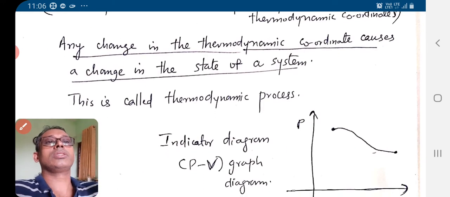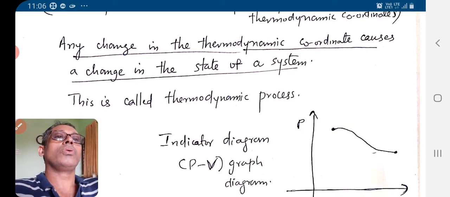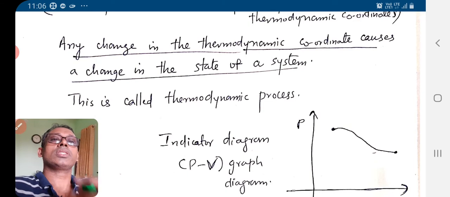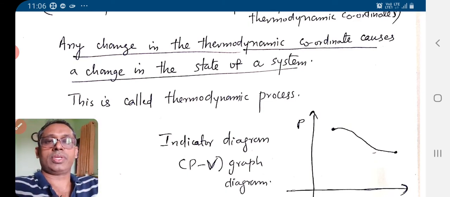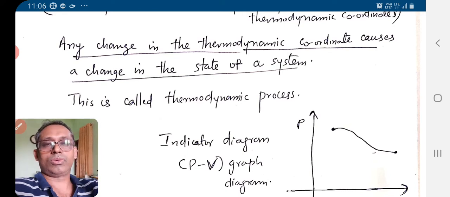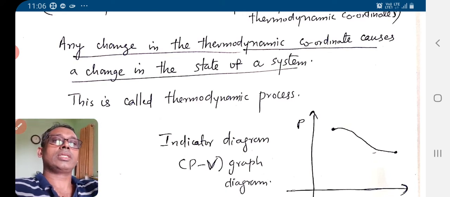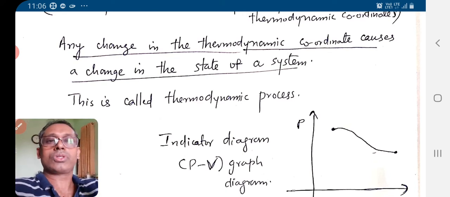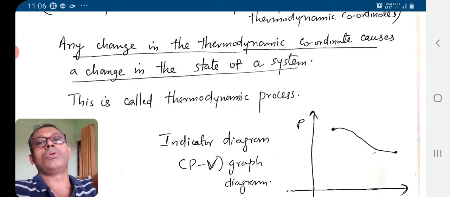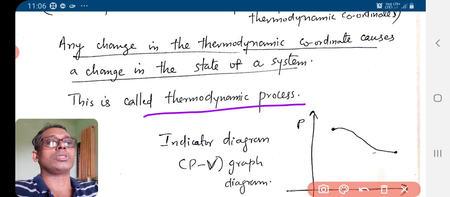So any change in the thermodynamic coordinates, pressure, volume, temperature, causes a change in the state of the system. The state of the system is determined by the thermodynamic coordinates. So that change in thermodynamic coordinates, which causes a change in the state of the system, is called a thermodynamic process.